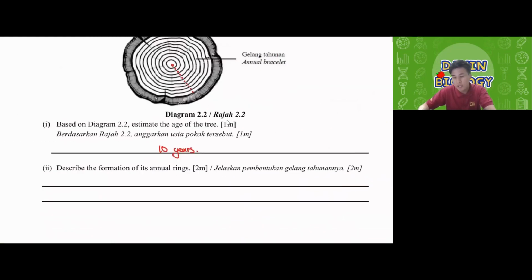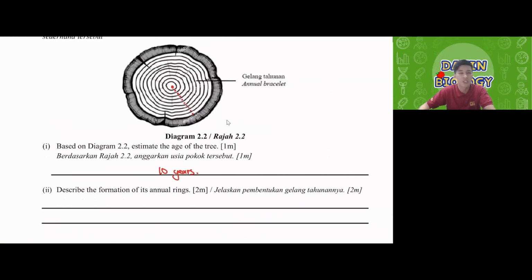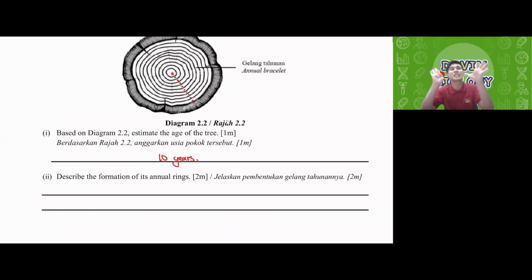Describe the formation of its annual rings, same as just now. During summer, also during spring, there is more growth. Therefore, conditions are more suitable, so thicker. So you must say during spring. Otherwise, for 1 mark only, you don't even need the conditions being more suitable. You just have to say thicker and brighter.